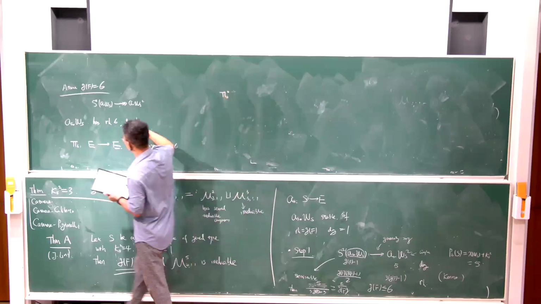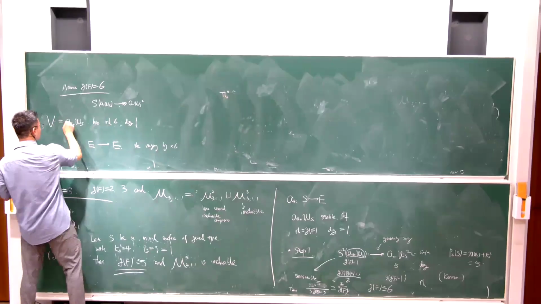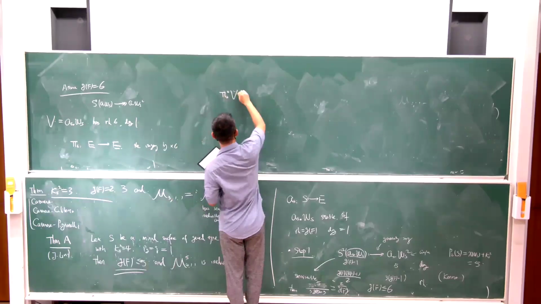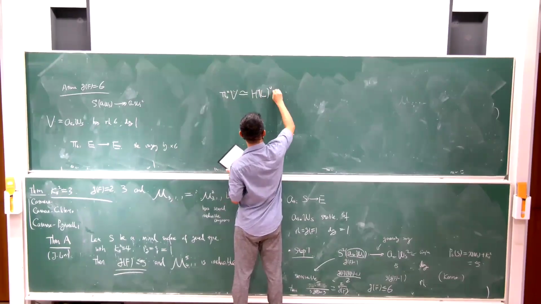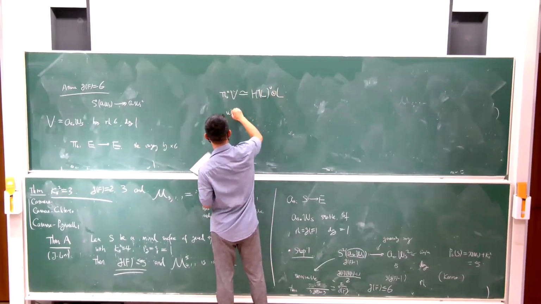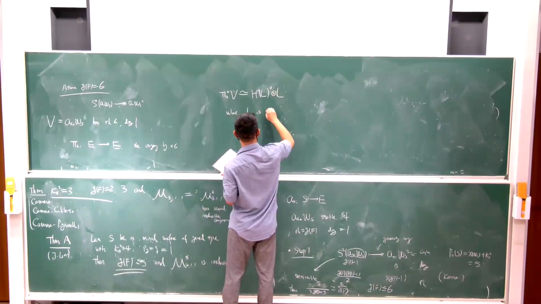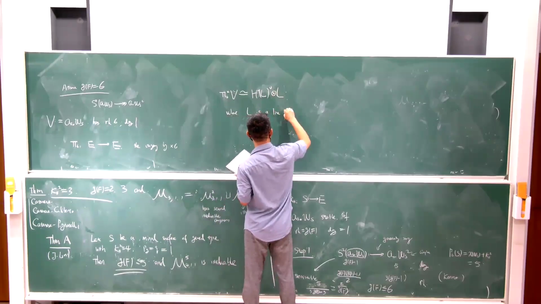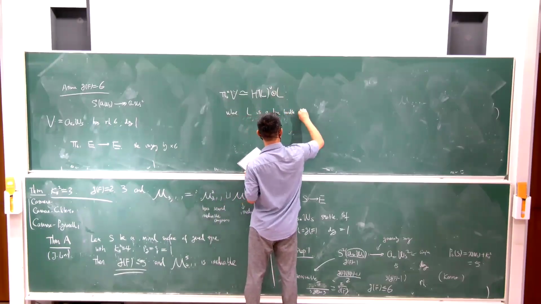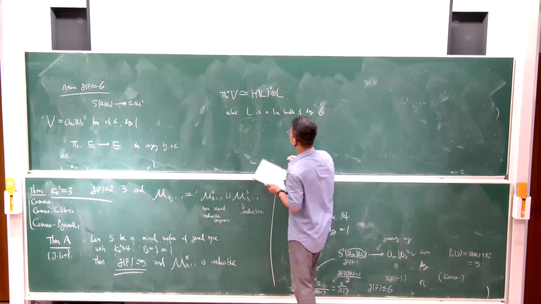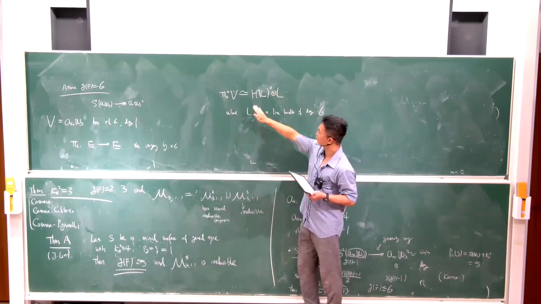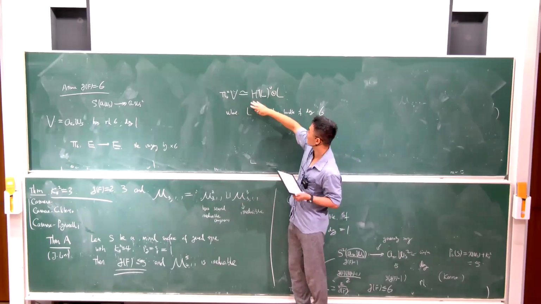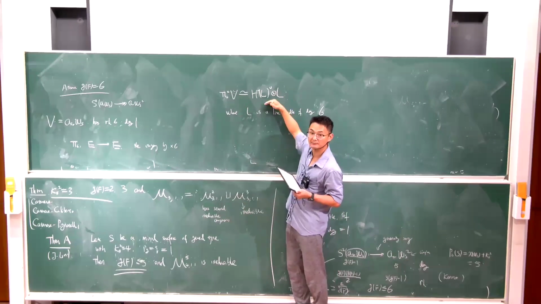So I write it as V. Pi star V is isomorphic to, okay, where L is a line bundle of degree 6. So it means that the pullback of the vector bundle becomes trivial. So this is the direct sum of line bundles.